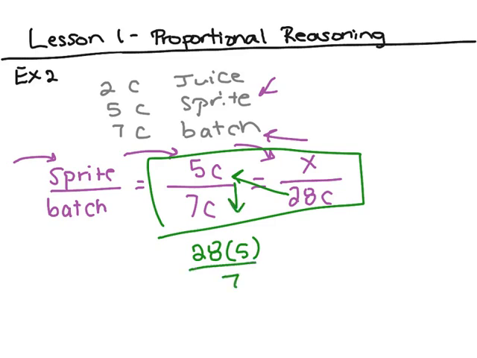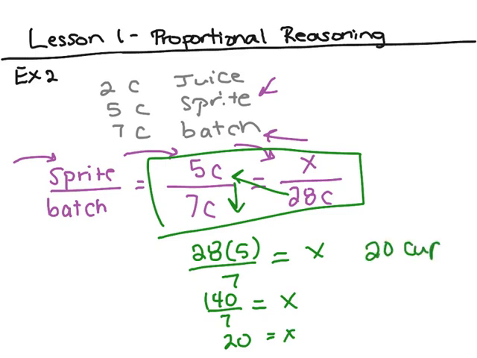So divided by 7 will equal our x. 28 times 5 is 140. And when you divide that by 7, you get 20. So altogether, we would need 20 cups of Sprite.